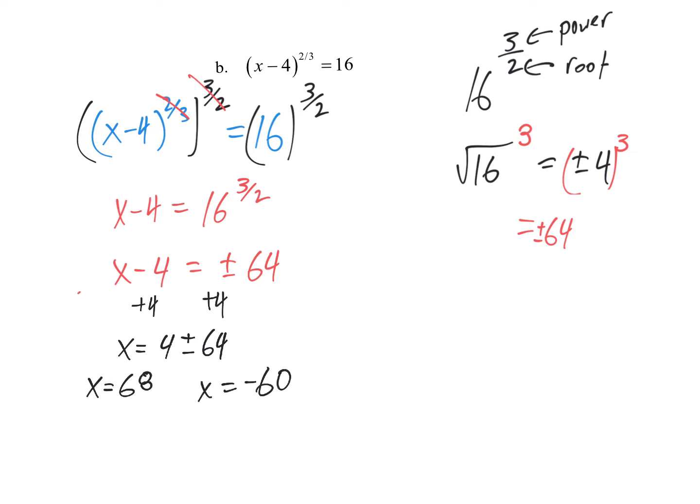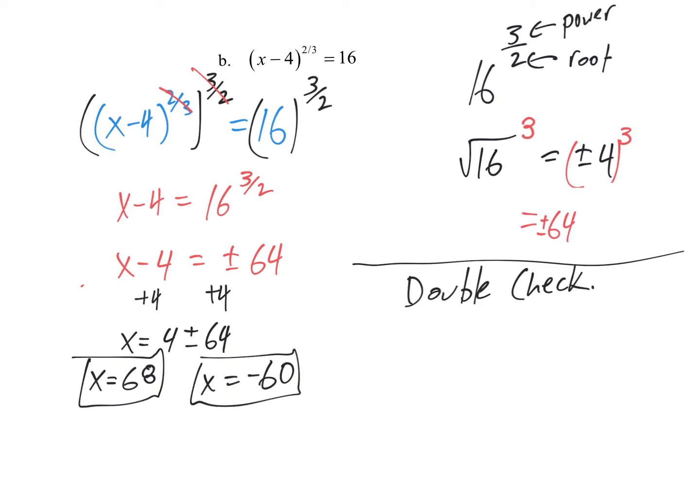Okay, so we need to really make sure that we check these, especially because I had that even root that gave me the plus minus. So we're going to really want to make sure that both of these work out perfectly in this case. So let's go ahead and double check these. Okay, so our double check is of course going to be to plug in both of our answers again. So let's just start with the 68.